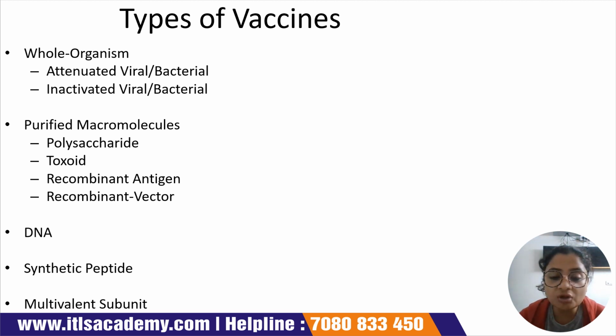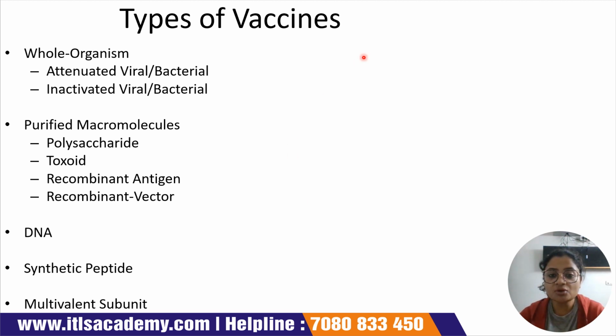So first we have the whole organism. Whole organism means the entire microorganism, the entire pathogen which is responsible for causing the disease, is used to prepare the vaccine. In whole organism we have two types. One is activated, or rather we do not usually use the term activated, we use the term attenuated.